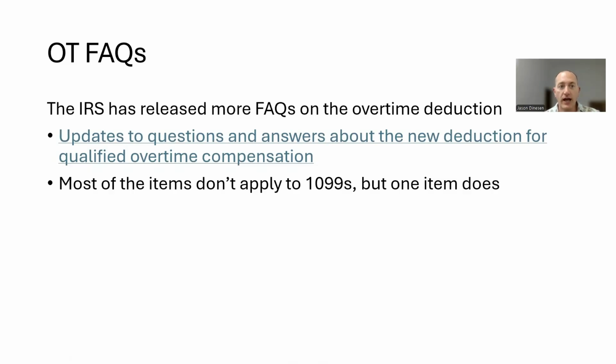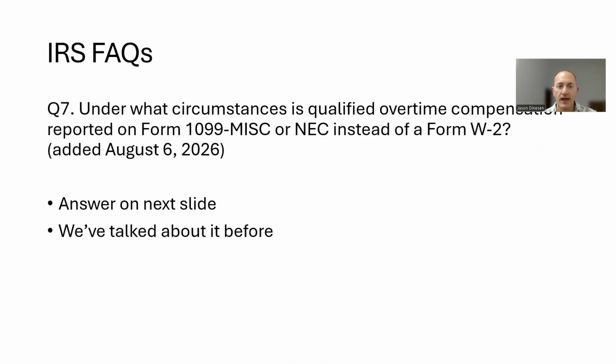Last week, the IRS released more frequently asked questions on the overtime deduction. Most of these items don't apply to 1099s. The overtime deduction almost always is going to be a W-2 thing, but there's one item that does apply to 1099s, and that can be found in question 7 of the IRS's new FAQs.